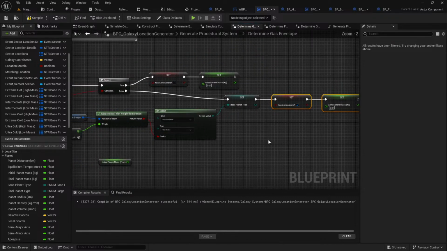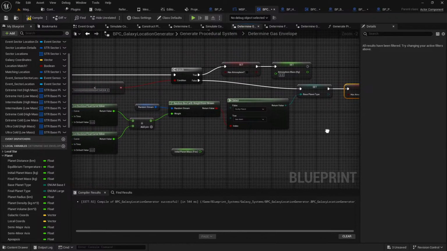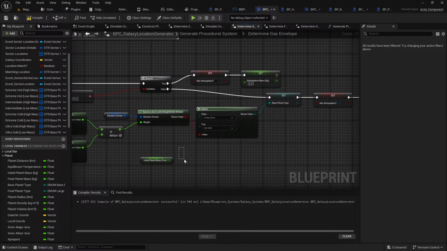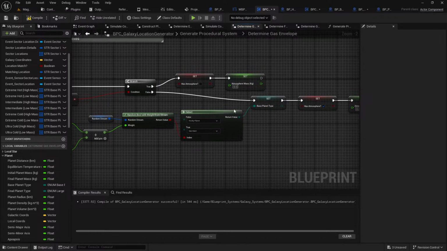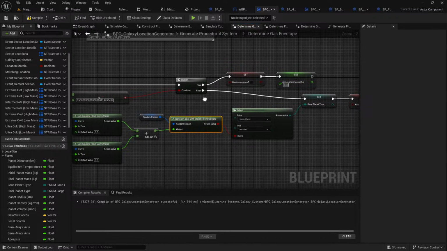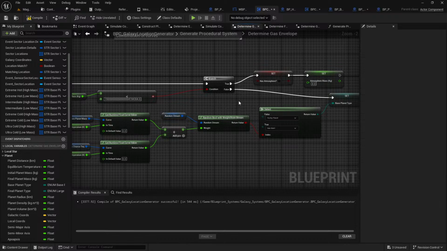Okay, so we've determined here whether or not the planet is a gas giant. I was going to forego a simple dice roll to define that and actually use the gas envelope itself, so that the gas envelope of a planet is fully fluid from 0 to 13 Jupiter masses worth of mass in volatiles.